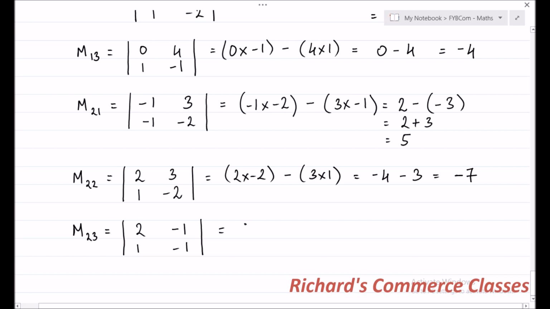That is equal to 2 into minus 1 minus 1 into 1, which is equal to 2 into minus 1 is minus 2, minus 1 into 1 is minus 1, which is equal to minus 2 plus 1, and the answer is minus 1.